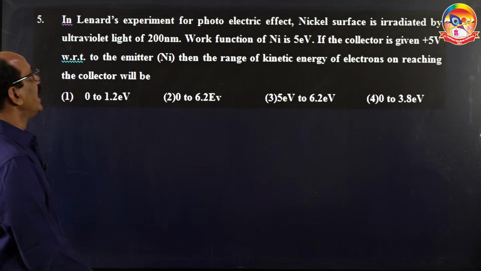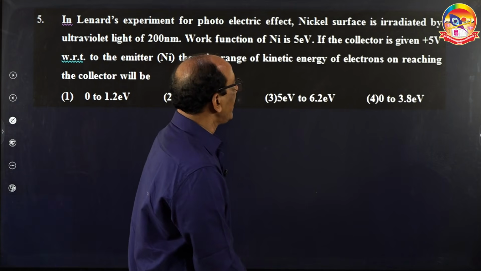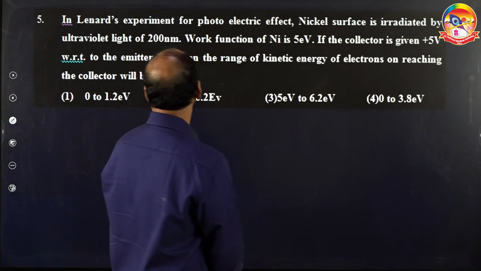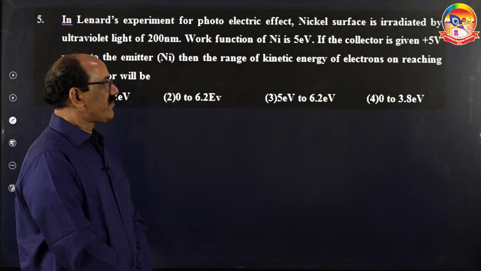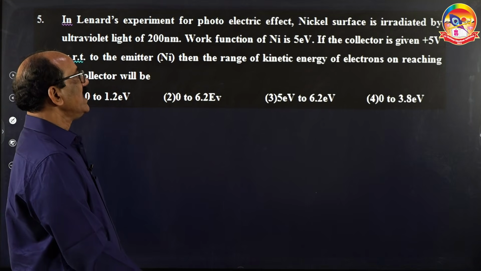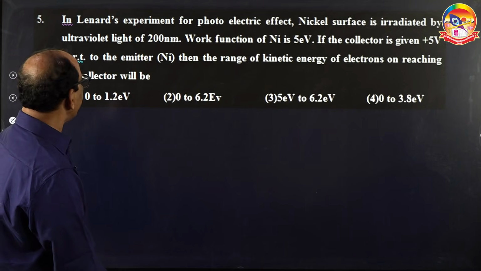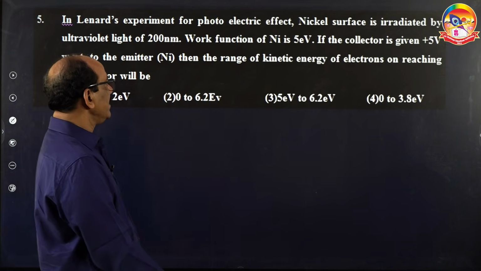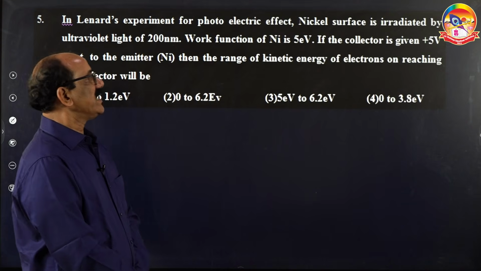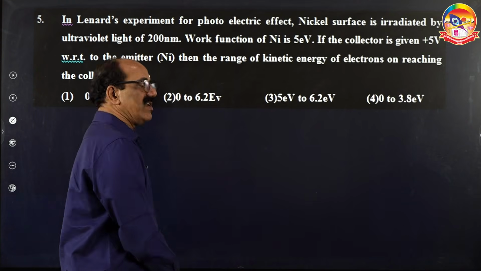In Lenard's experiment for photoelectric effect, a nickel surface is irradiated by ultraviolet light of 200 nanometer. The work function of nickel is 5 electron volt. If the collector is given plus 5 volt with respect to the emitter, then the range of kinetic energy of the photoelectrons on reaching the collector will be.